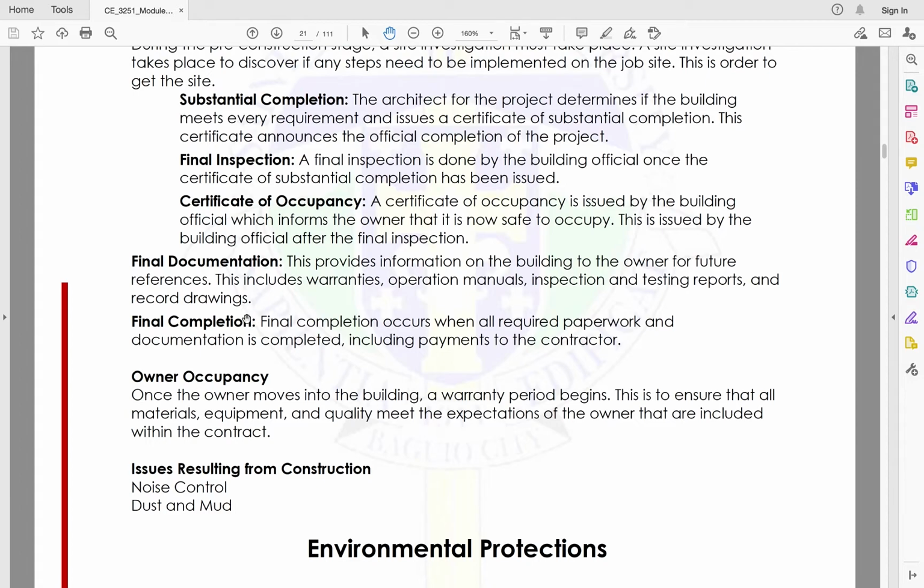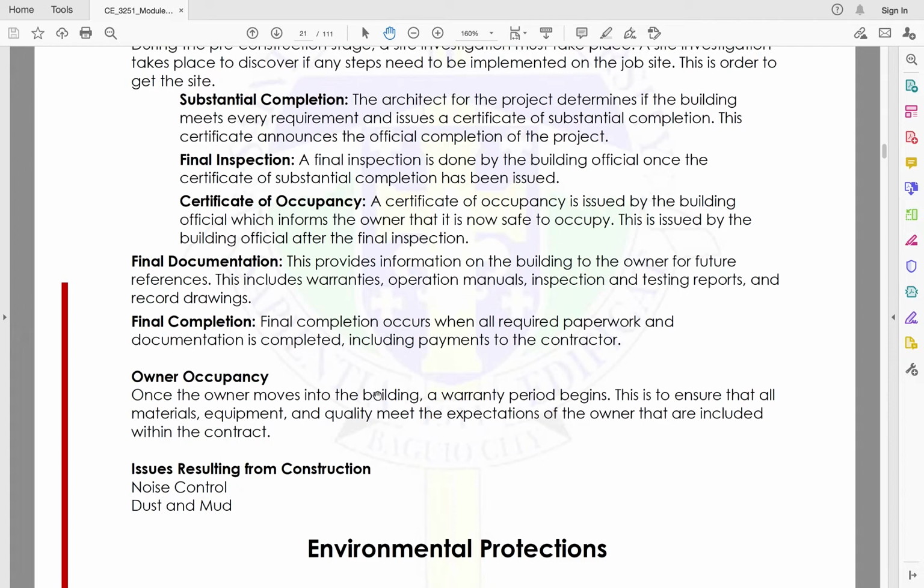So anything they need to know when they take over, those documents will be handed to them, such as operational manuals to be followed.